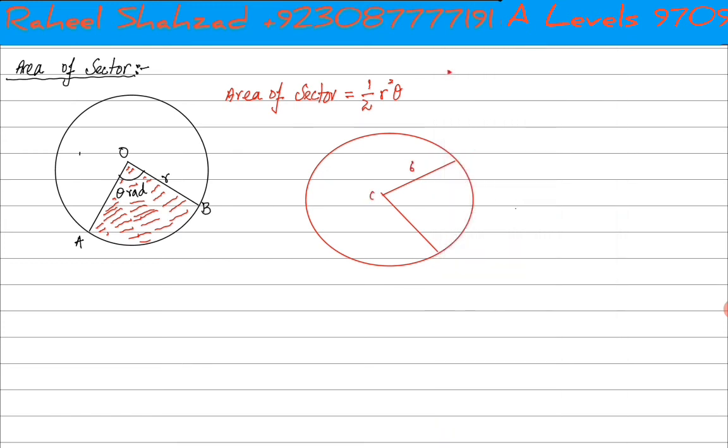So this is 6, it's O, A and B. We will be using pi by 6 radians. So its area will become equal to 1 by 2 r square theta, that is 1 by 2 into 6 square into pi by 6. You can simplify it, and it is equal to 3 pi centimeter square.